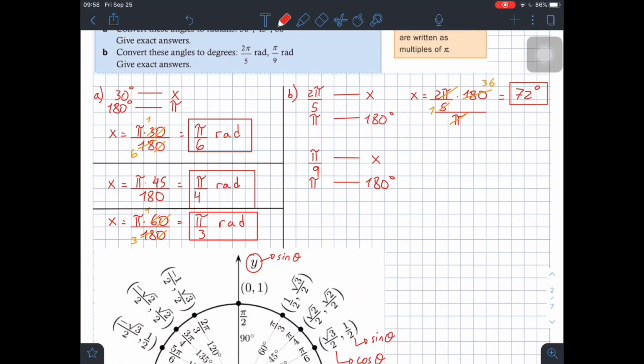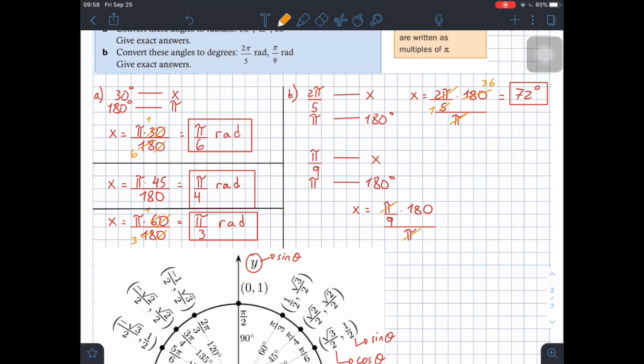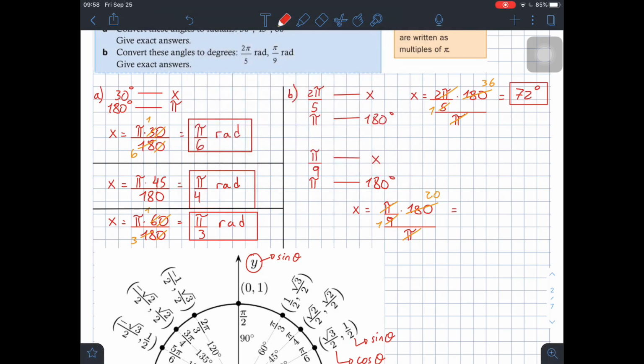So from this expression, we're going to say that x is equal to pi over 9 times 180, and all of this is being divided by pi. So with simplified terms, pi goes out with pi, and 180 divided by 9, that's 20. Yes, 20. So the value of x is equal to 20 degrees.